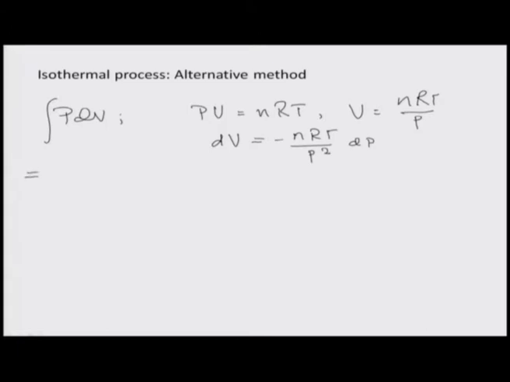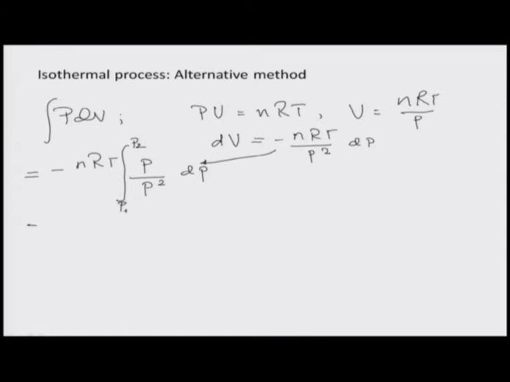I put it back in this equation to calculate the work done, and I get nRT. Now the integral is not over dV, I want to write it in terms of dP. So I will have a P down by a factor of P square, which I get from here, and then dP. I have changed the integration from dV to dP, and it goes from P1 to P2. There is a minus sign altogether.